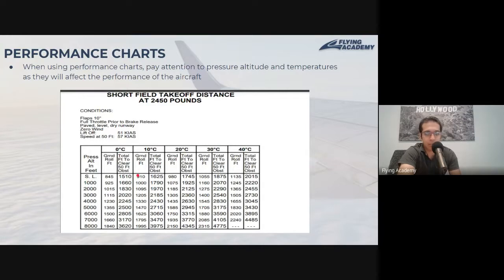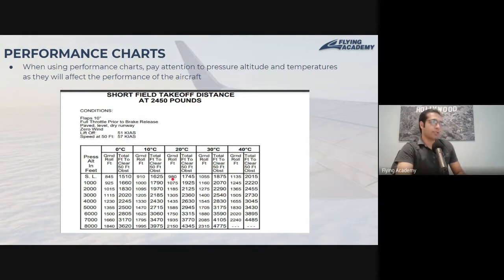Today, right now, is probably a little early, so around 20 degrees Celsius. You should expect 980 feet ground roll, and to clear the 50-foot obstacle, you're going to need 1,745 feet. So you need 1,745 to clear the 50-foot obstacle, and technically to accelerate to your rotation speed, you would need 980 feet.